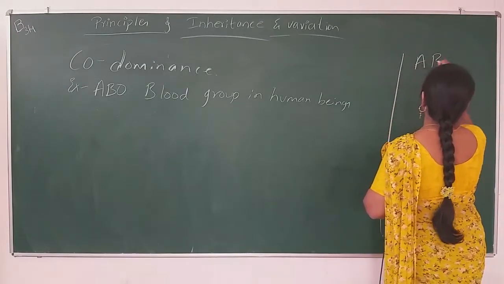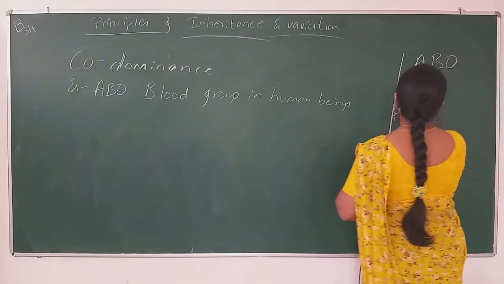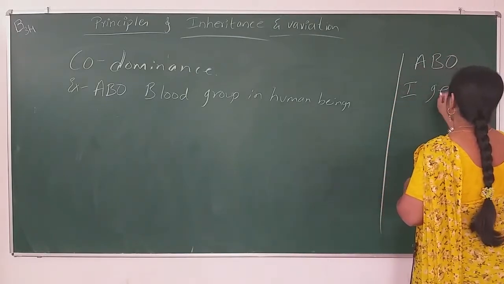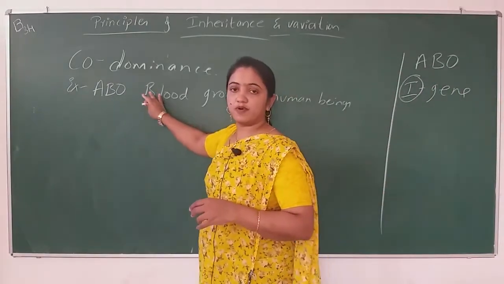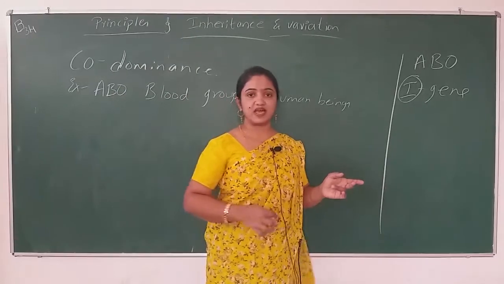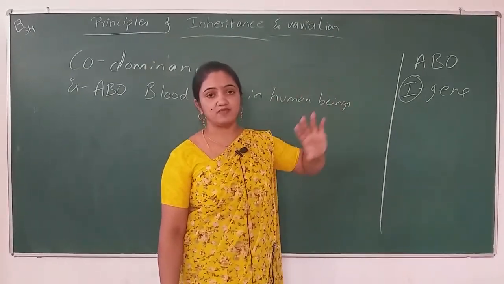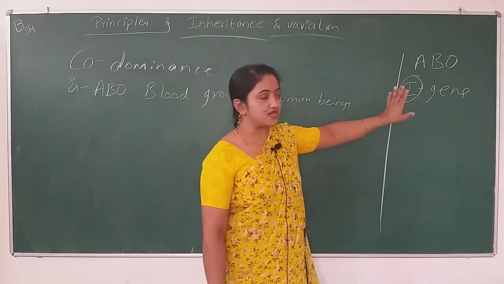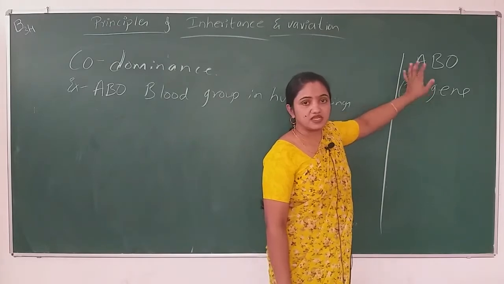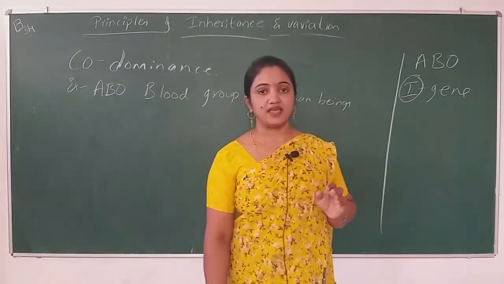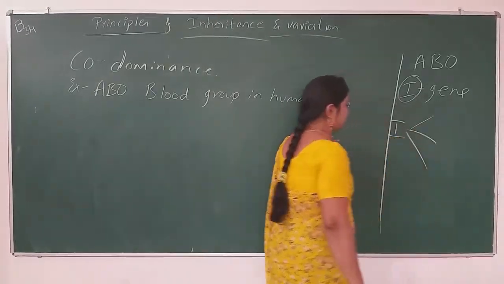The ABO blood group is controlled by the gene called I. I'll describe the reason behind it in some time. Purely, the ABO blood group is controlled by the gene called capital I. It has 3 alleles.